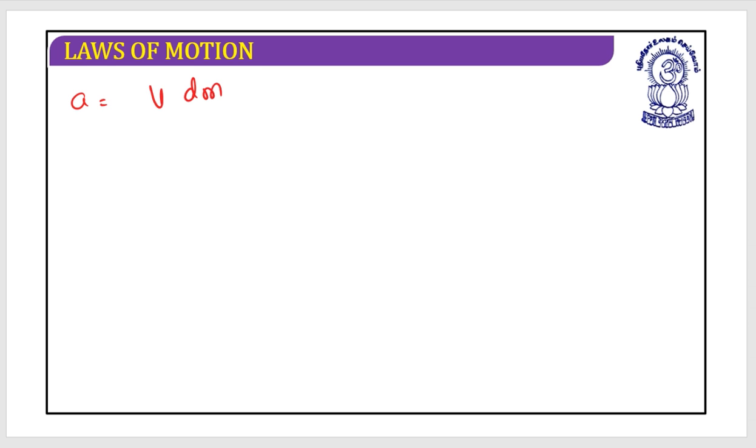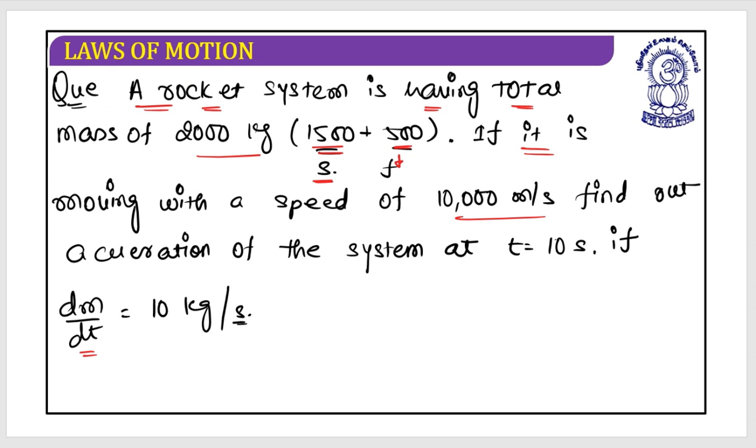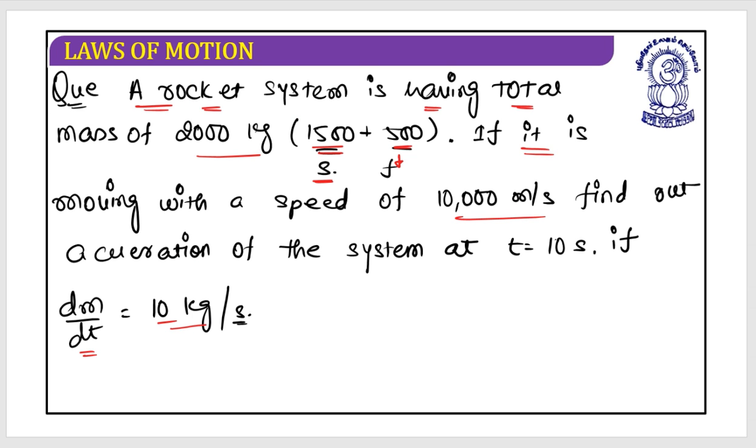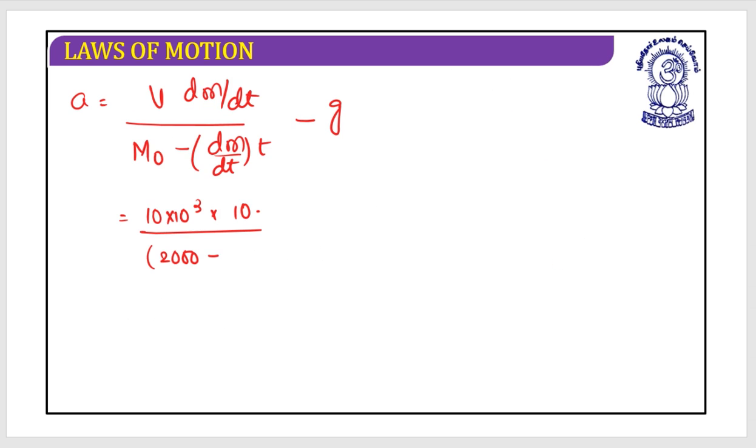Acceleration can be written as a = u (dm/dt) / (m₀ − (dm/dt)·t) − g, where m₀ is the initial mass. The velocity is 10,000 meter per second, that is 10 × 10³, multiplied by dm/dt, which is 10 kg per second, divided by m₀, the initial mass 2000, minus dm/dt, 10 kg per second, times 10 seconds, minus 10.